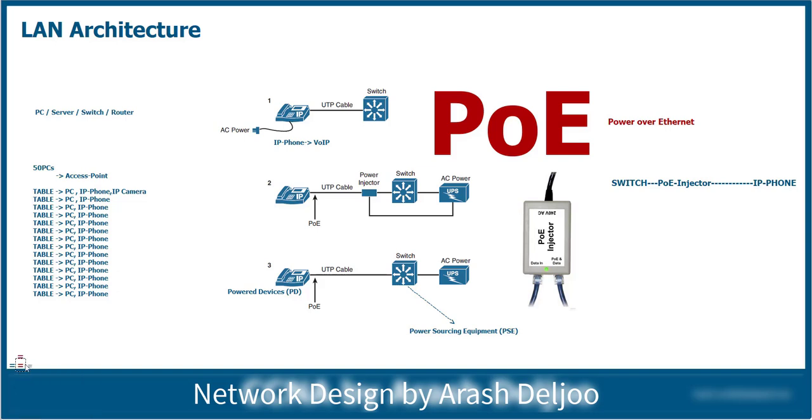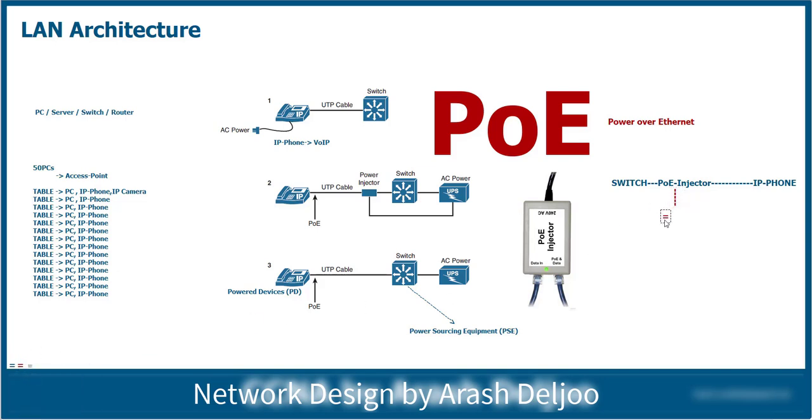Why? In most cases, we are connecting the power injector to, for example, a UPS or maybe a power outlet. The power injector should be installed near the switch in most cases. Okay, and after that, here we have the power, for example, AC power. Let me write here.